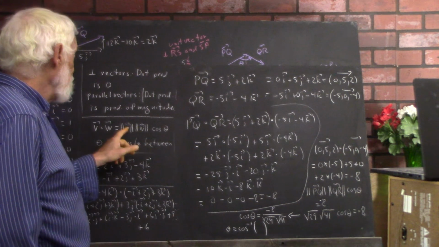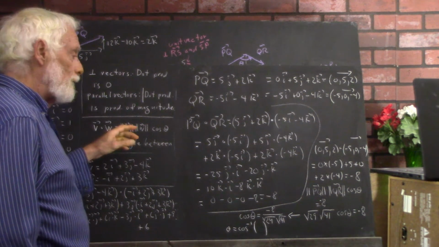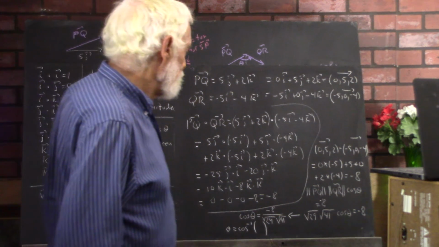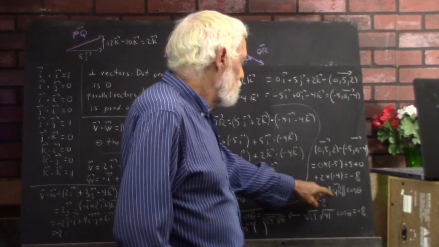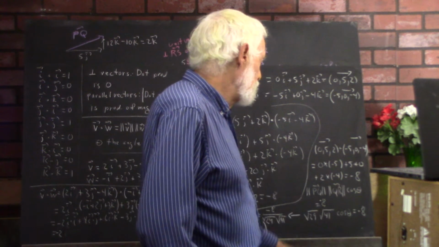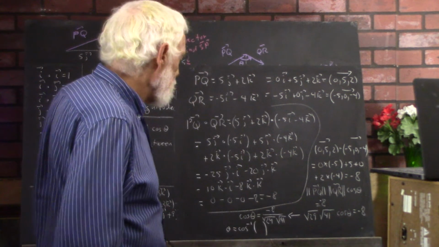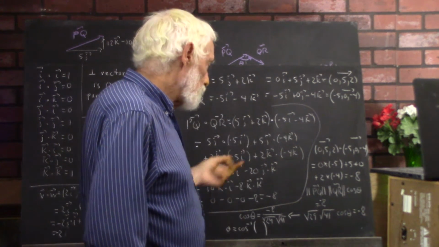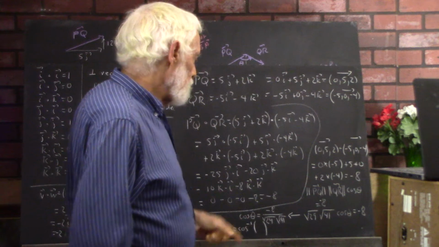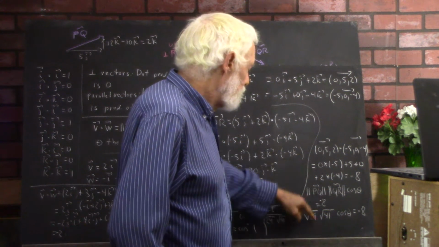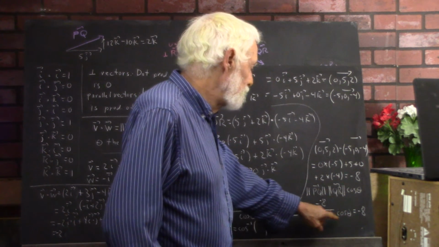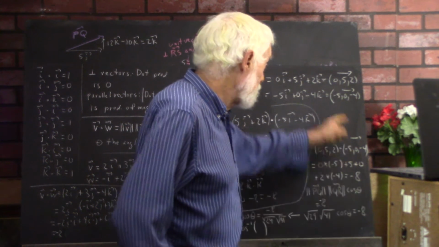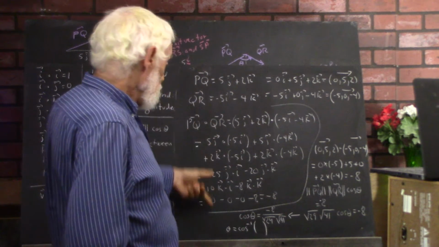On the other side, we have magnitude of PQ, magnitude of QR, and the cosine of theta, so that magnitude of PQ, magnitude of QR, cosine theta is negative 8. We then solve for theta. Okay, the cosine of theta, well, we write the numbers for magnitude of PQ, magnitude of QR, times the cosine of theta equals the dot product that we easily calculated, or a little less easily.